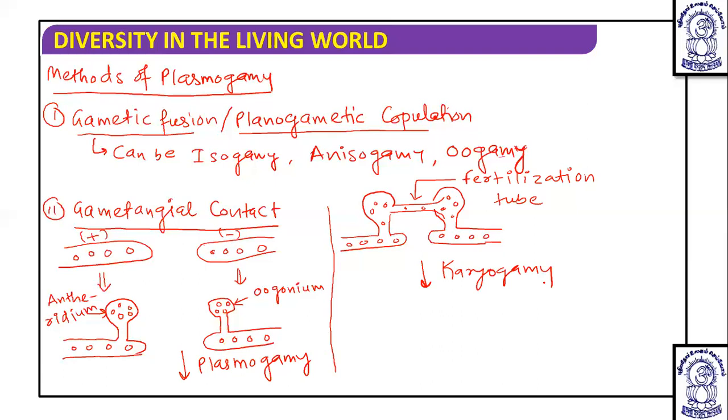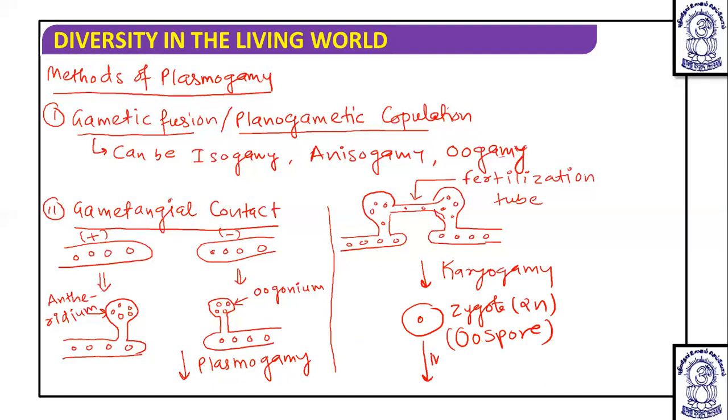And if karyogamy occurs here, you will see that the zygote is going to form. This zygote is diploid, and this zygote is also known as oospore. So remember this oospore as the thick-walled zygote, and that is diploid.